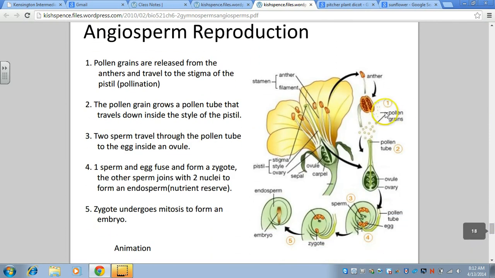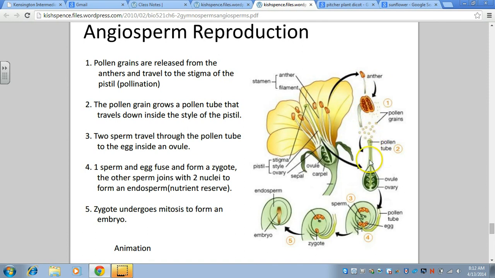Okay, so the pollen grains are released from the anther, and they're going to either travel in the wind or be carried by a pollinator or whatever to a plant, unless it's self-fertilizing, which a lot of times the plants won't allow to happen. So whatever the case, the pollen grains are going to land on the sticky stigma.